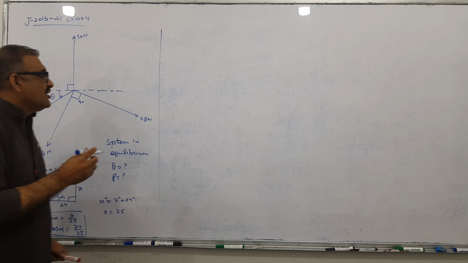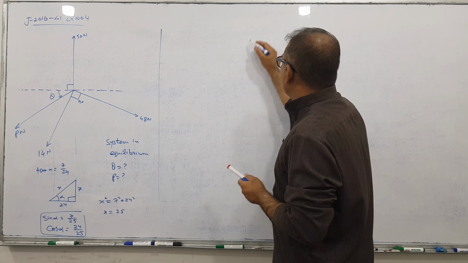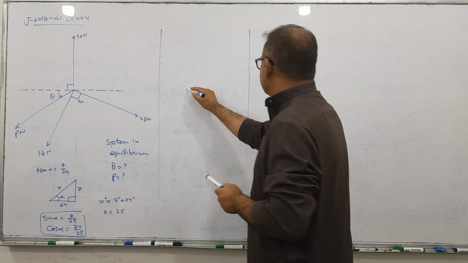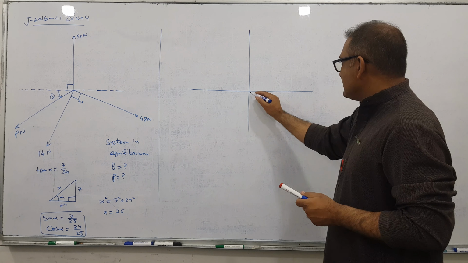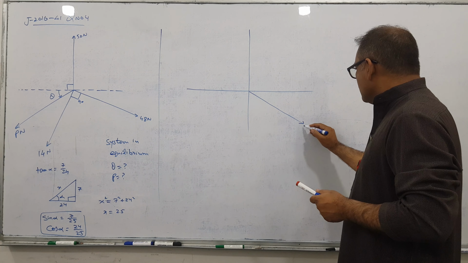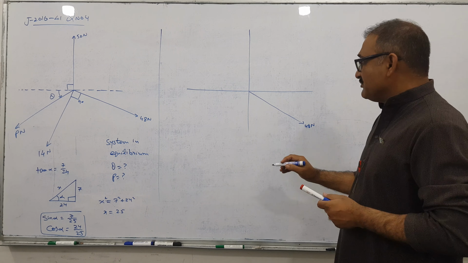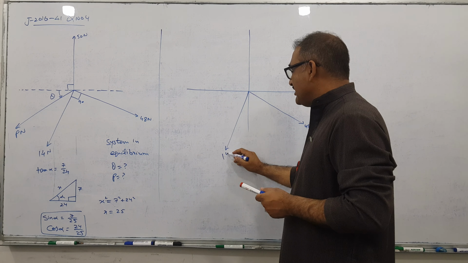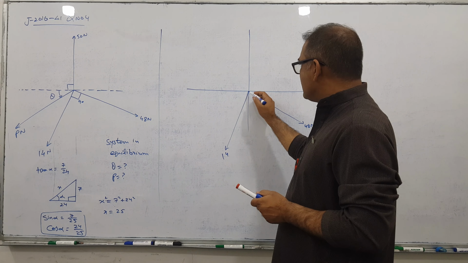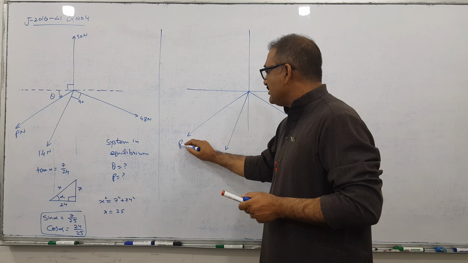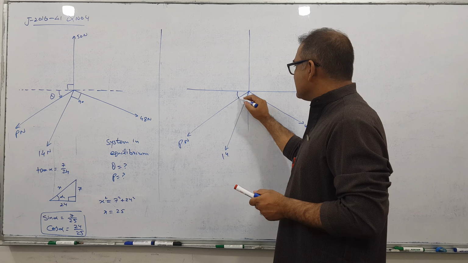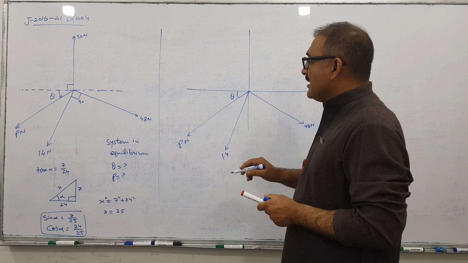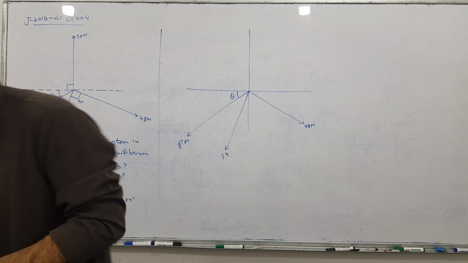Let's start. First of all, I will draw this cross, and this force acting here is 48 newtons, and this force acting downwards is 14 newtons, and this acting here is P newtons, and the angle is theta. Okay, and I think maybe the angle is wrong.